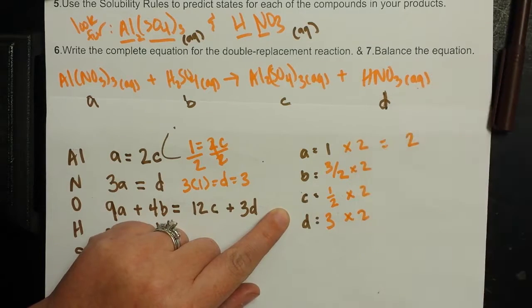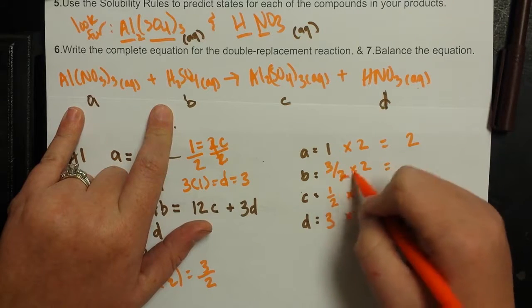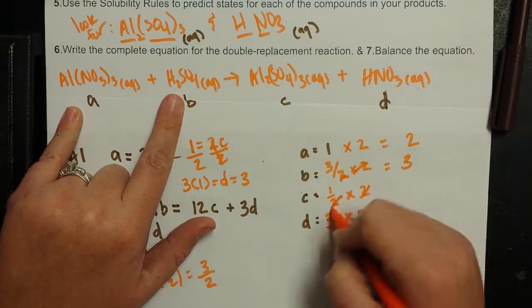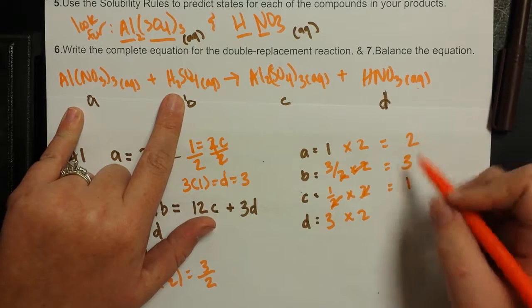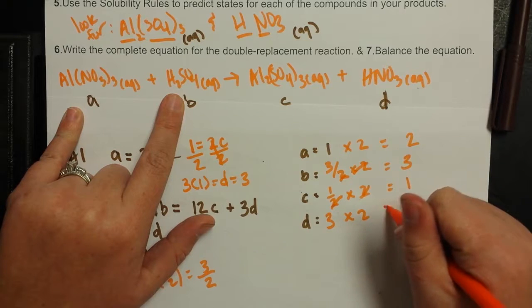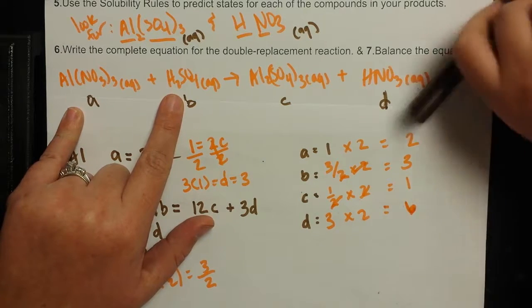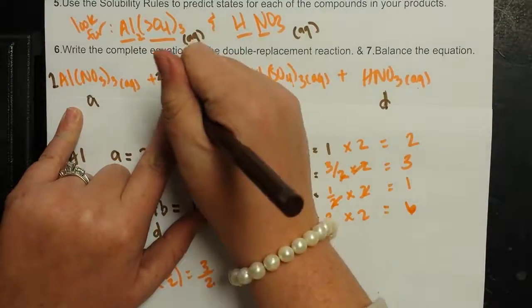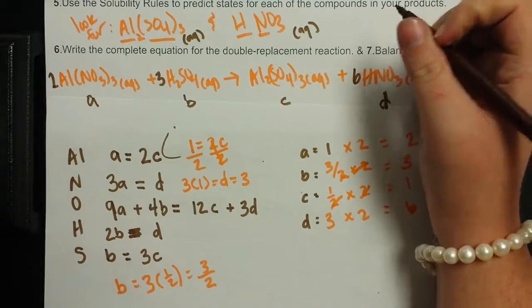So you get 2 of compound A reacting with 3 of compound B. If you combine these 2, you'll end up getting 1 of compound C and 6 of compound D. Okay. So we're going to balance our equation by putting 2, 3, an understood 1, and 6. And that'll balance it.